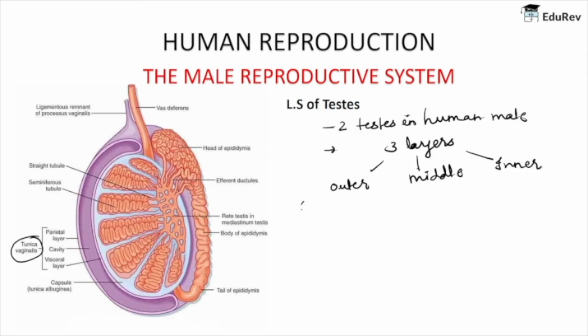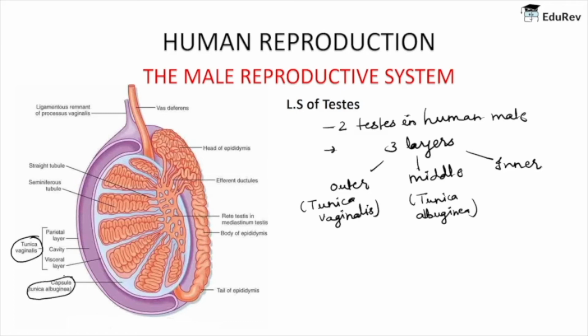Now the middle layer is termed the tunica albuginea, which is also called the capsule, and you can see it labeled here.